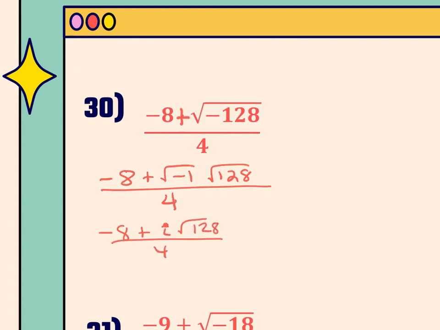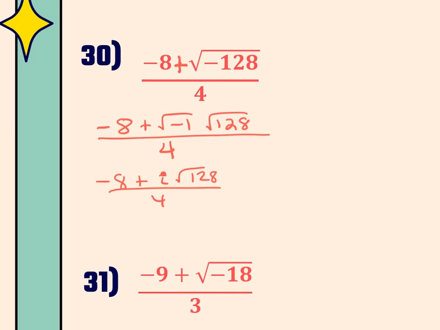I need to break down the 128. I'm going to actually break it into 2 times 64. So negative 8 plus i square root of 2 times square root of 64 over 4. I can square root the 64 and make it an 8.